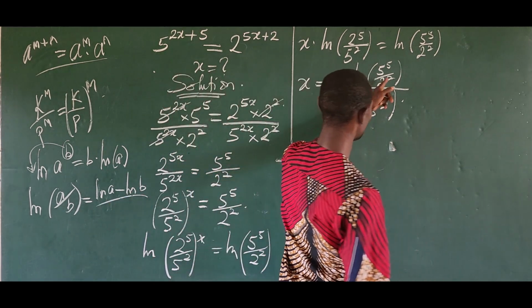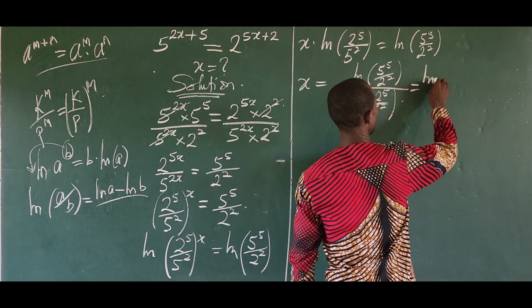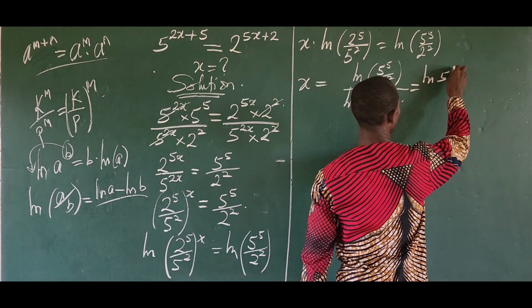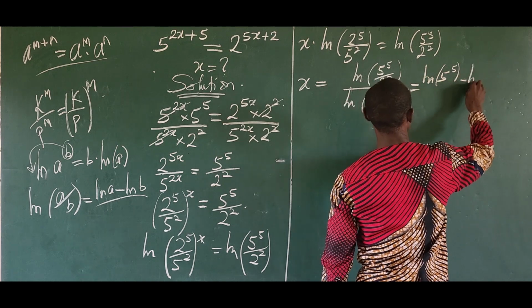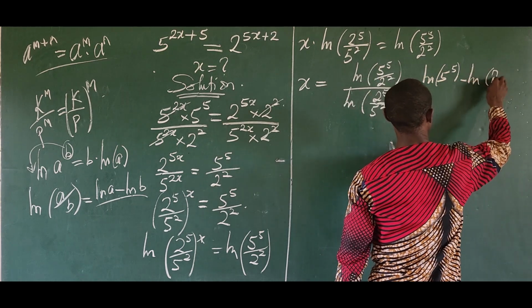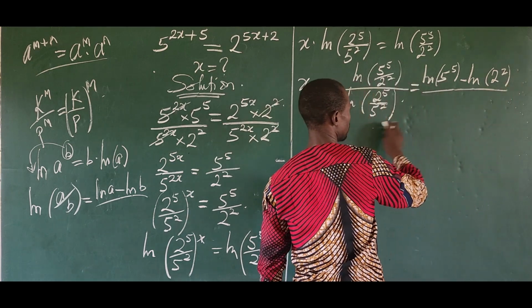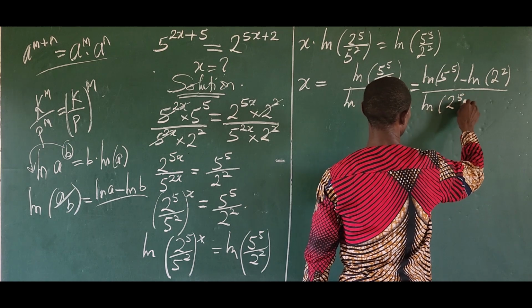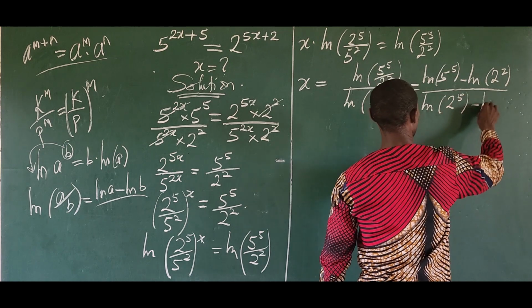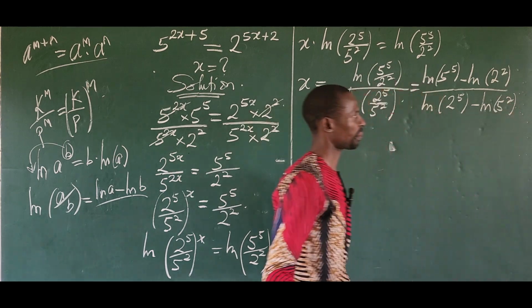So here we're going to apply that here and also apply that here. So this is equal to the ln of 5 to the power of 5, minus the ln of 2 to the power of 2, all over the ln of 2 to the power of 5, minus the ln of 5 to the power of 2.